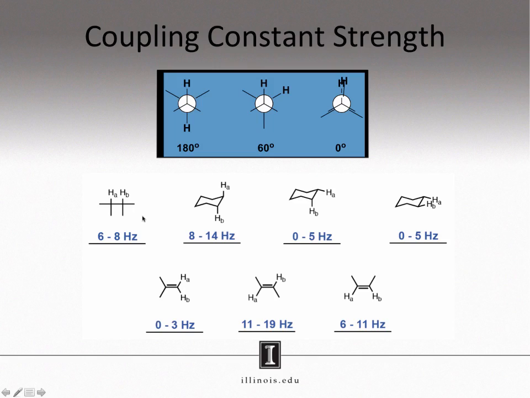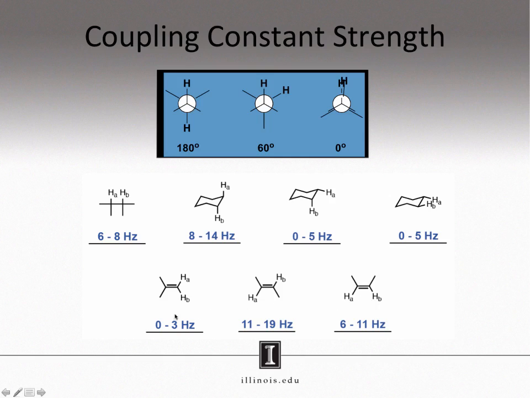The greatest value of these coupling constants is if we know something about the structure of the molecule already. If we look at the bottom of this table, we have proton A and proton B on the same carbon of an alkene, on different carbons of the alkene, but on opposite sides of the double bond, what we call trans, or on different carbons in the alkene, but on the same side of the double bond, what we call cis.